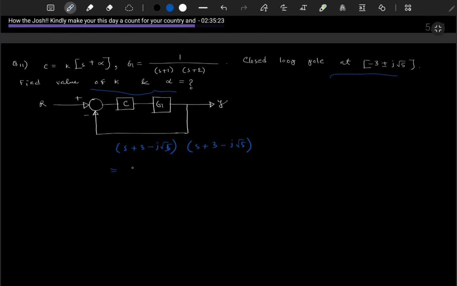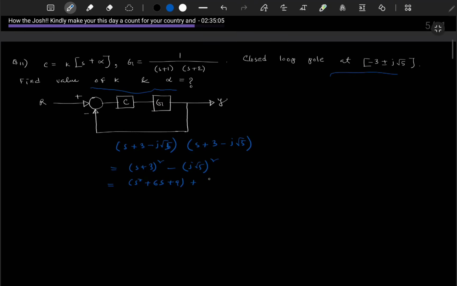These two, if we solve, is s plus 3 whole square minus 5, so s square plus 6s plus 9 plus 5, which is s square plus 6s plus 14.